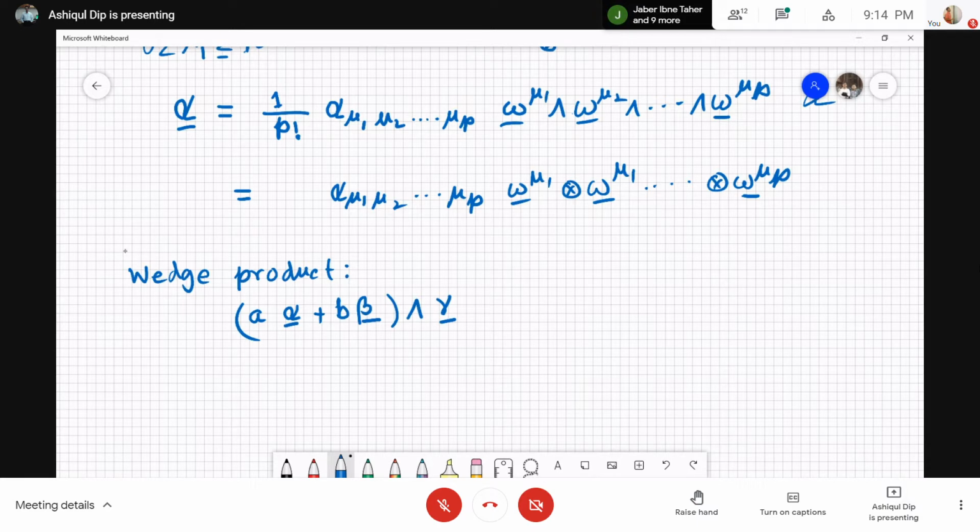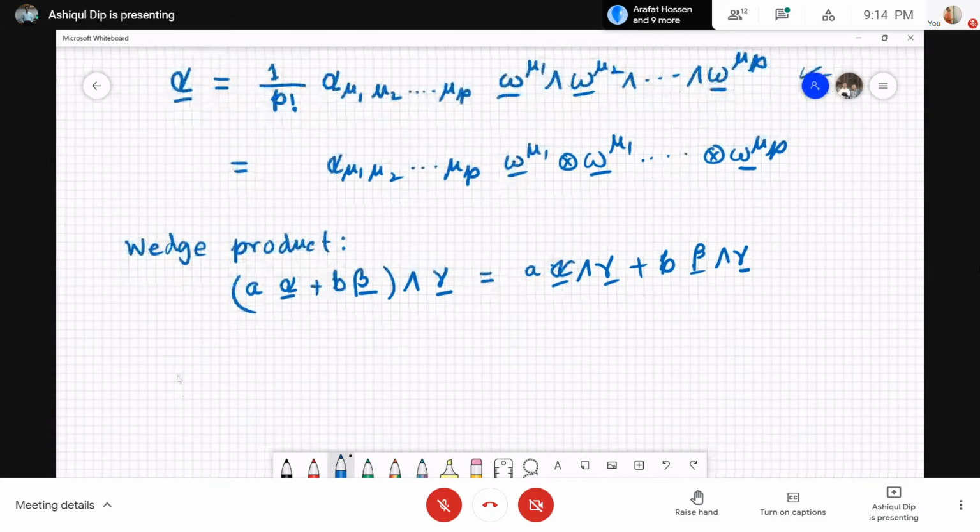It need not be a one form actually, it's any form, p form, q form, or r form, doesn't matter. So for any kind of forms alpha, beta, and gamma, this linearity property should hold. That is a times alpha wedge gamma plus b times beta wedge gamma. So that's a defining property.